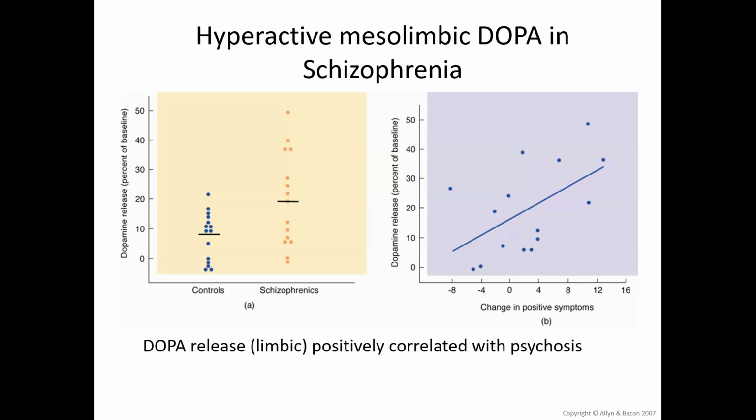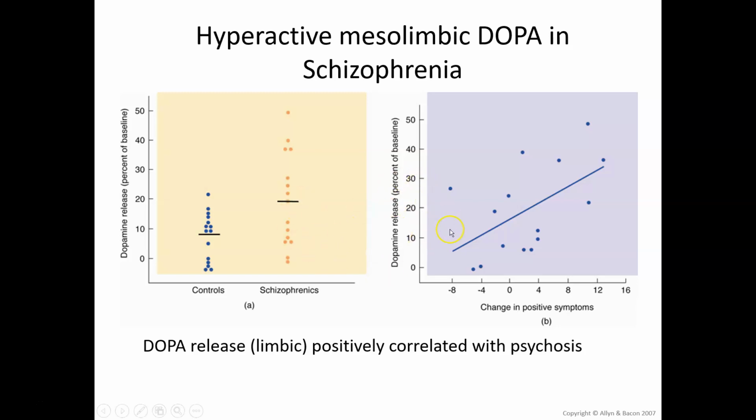And so what we can see is that when we have that amphetamine infusion, here is dopamine release. Notice that even though there's a lot of spread here, generally the patients with schizophrenia are releasing far more dopamine. Now, why? We're not sure. Maybe they have more dopamine receptors, maybe they're more sensitive.